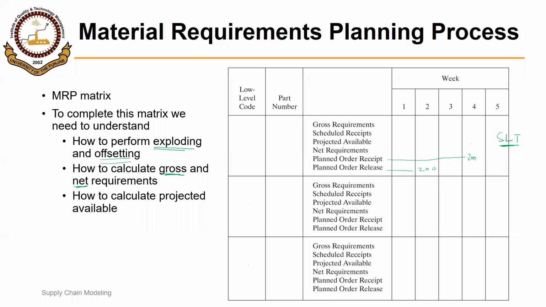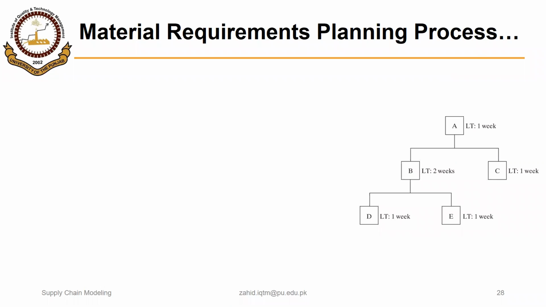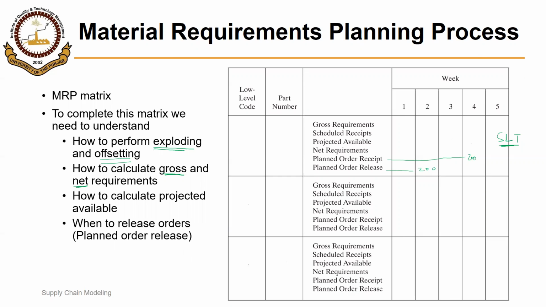If there are no scheduled receipts and no previous inventory, then gross requirements will be equal to net requirements. We also need to know how to calculate projected available and when to release orders. These important questions need to be answered in order to complete this matrix. We have answered a few of them partially, and we will answer the rest in the following slides.